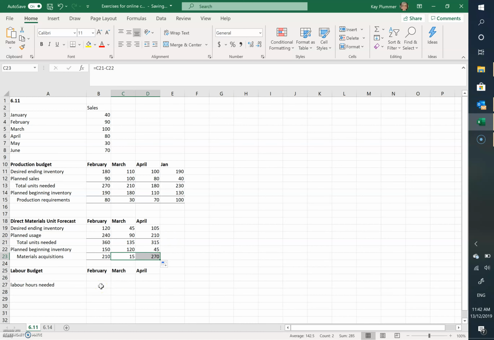Now, the next thing is the labour hours. We need to calculate the labour hours, and it's simply current production times 10, because there's 10 hours of direct labour in each item of production.